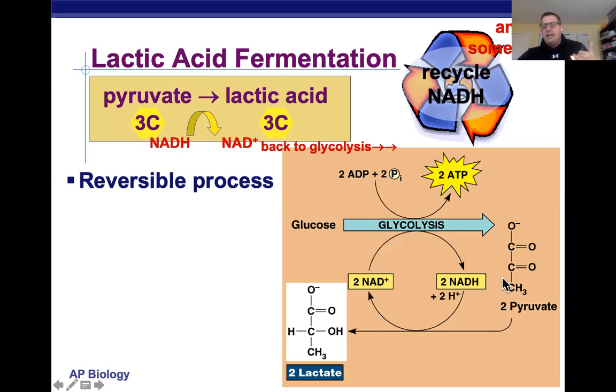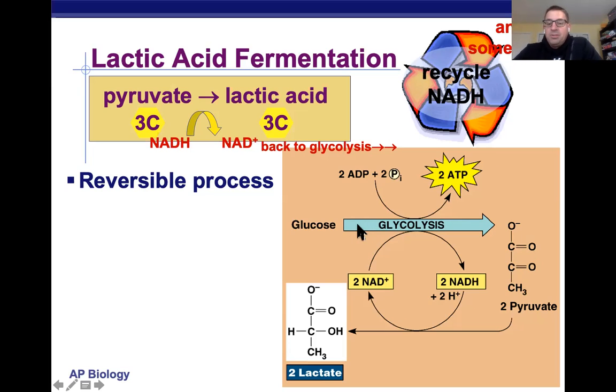But unlike the alcohol fermentation, there's no enzyme that removes CO2 from our pyruvate molecules. By the way, the CO2 that is produced during alcohol fermentation is what causes bread to rise. When you're baking bread and you have yeast in there, those yeast are generating the CO2 gas that causes the bread to rise, and they also generate alcohol, but that evaporates off during the cooking process.